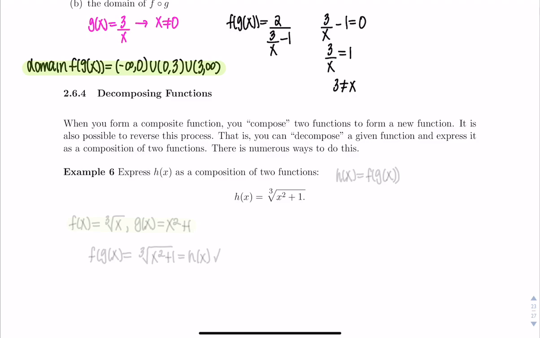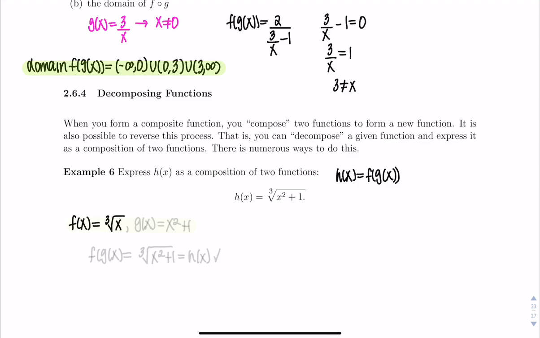So we have h of x equals the cube root of x squared plus 1. You want that ugly piece that has any of the square roots, the cube roots, to just be one of our functions. So let's just say f of x equals the cube root of x. Our goal is h of x is equal to f of g of x.